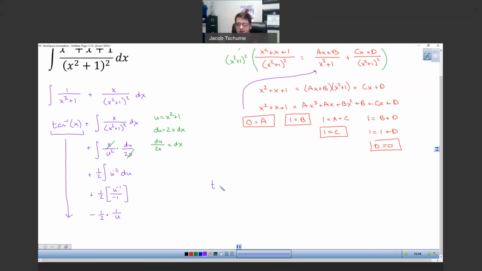You should end up with an inverse tangent of x minus a 1/2 times 1 over u, which would be 1 over x squared plus 1, and then don't forget your plus c. Now, if you want to put those two terms together, you are more than welcome, but I would actually take it if you just leave it like this. And that is an example of a case 4 partial fraction, because it had a repeated irreducible quadratic factor.